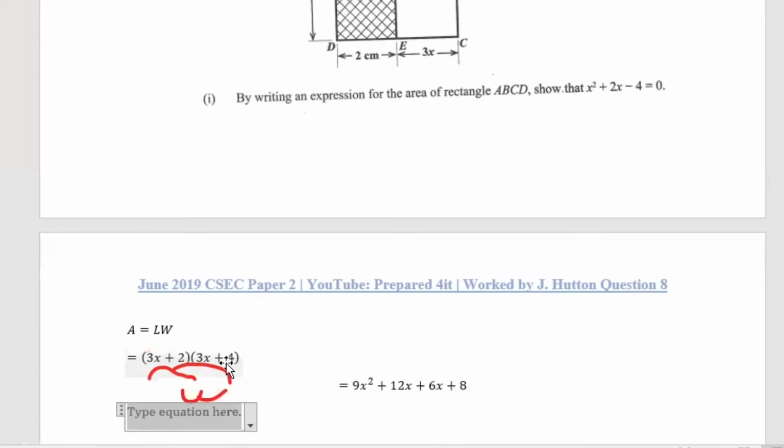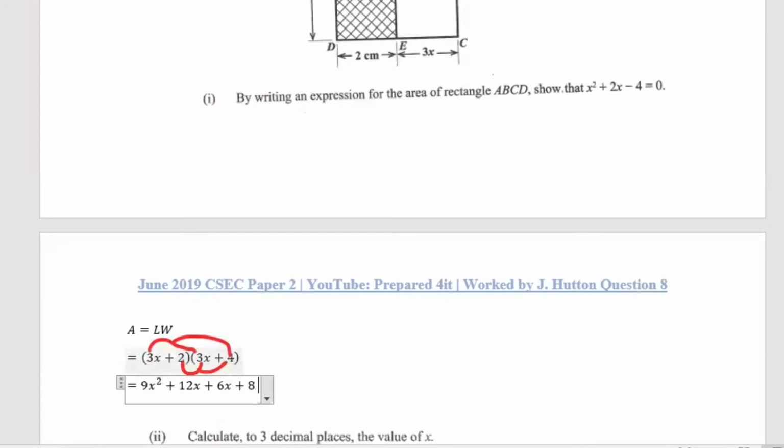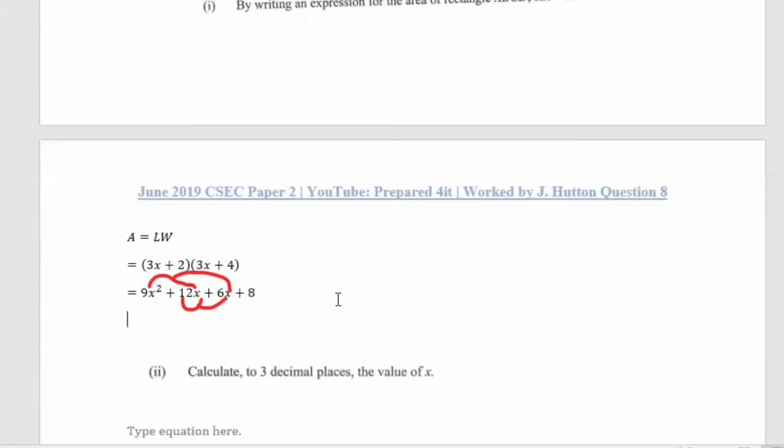Now doing some amount of simplifying. Next, what we have is 9x squared and 12x plus 6x, that will give us 18x plus 8.